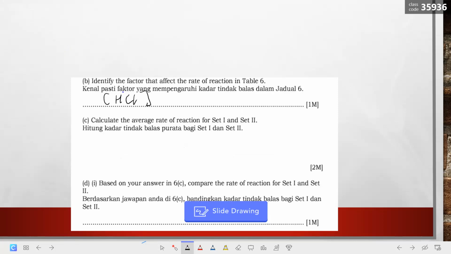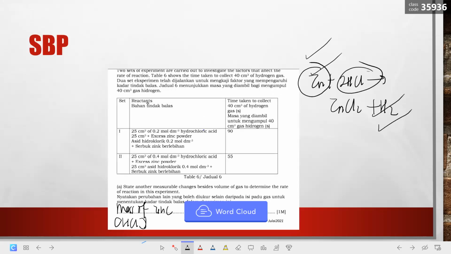Now let's do this together, class. They're asking me here, what's my average rate of reaction for set 1 and set 2? I won't give you the answers, I'll let you try. Average rate of reaction for set 1 and set 2. Chemistry answers are always given to you. Everything is there.